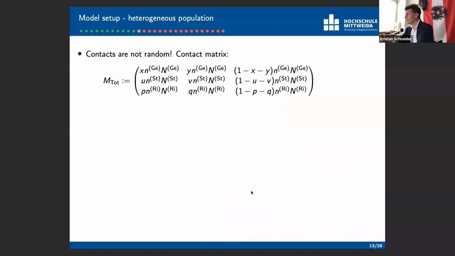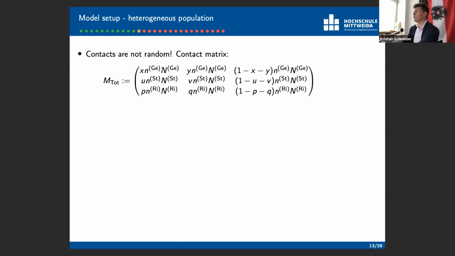Now, of course, you can take this matrix and write it in a more mathematical form. You don't need to have a photographic memory or anything; it is rather simple to do. You have the number of individuals in the general population, and they have a number of contacts on average, little n. That would be the number of all contacts they have.